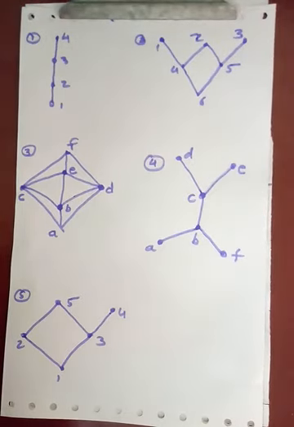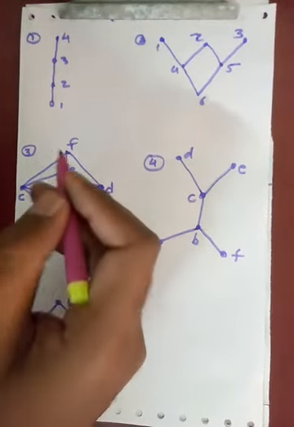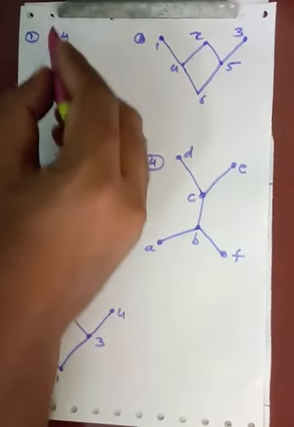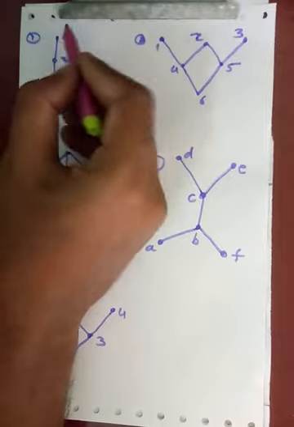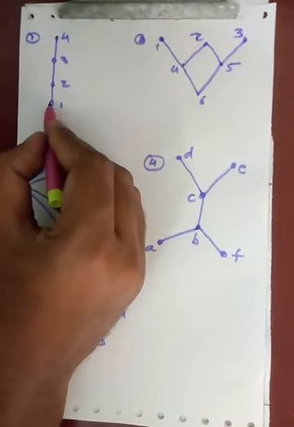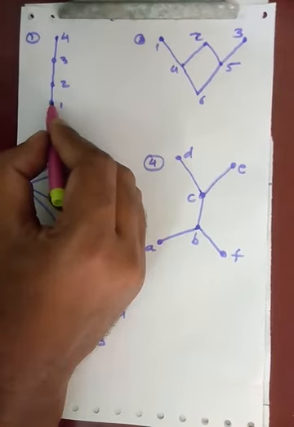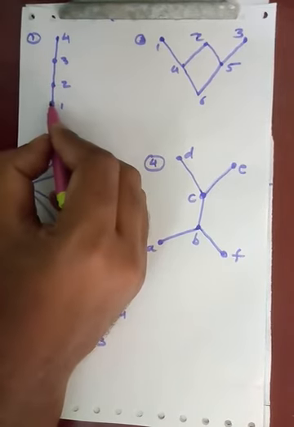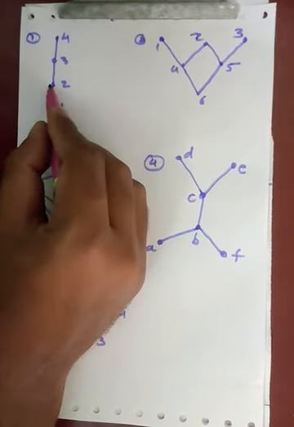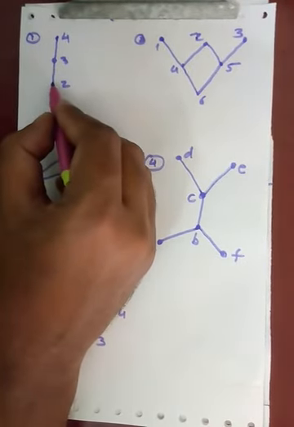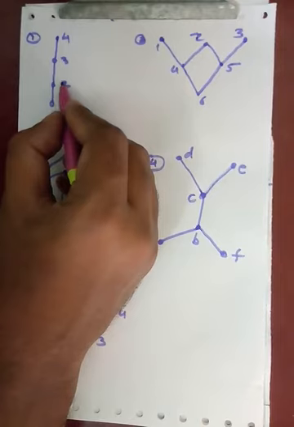Now see some more examples based on Hasse diagrams and lattices. Check the first one, whether it is a lattice or not. For any pair there should be a join and meet, that is, a least upper bound and greatest lower bound. For 1, 2, the lower bound is 1 and the upper bound is 2, that is, the least upper bound is 2.